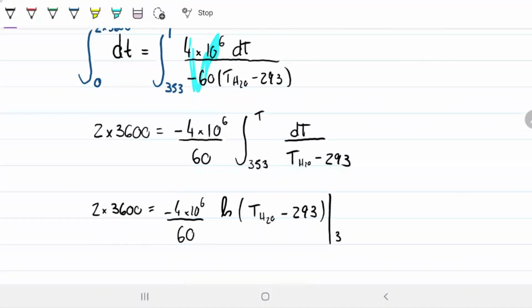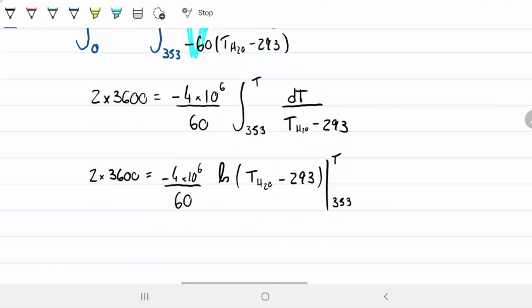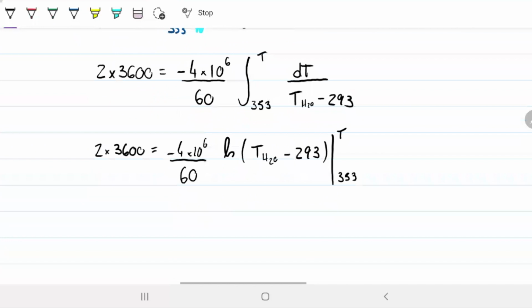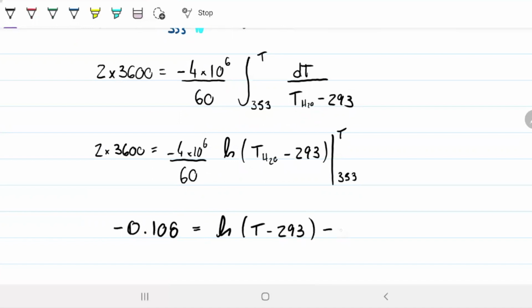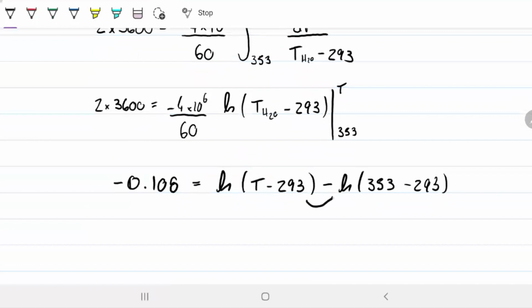We're integrating from 353 all the way to T. So that means I'm going to send this guy multiplying, this guy is dividing, this is going to be minus 0.108 equals natural log of T minus 393 minus natural log of 353 minus 293. Okay, this is just a subtraction of two natural logs. It's just natural log dividing the parentheses inside. So that should be over 60, right?